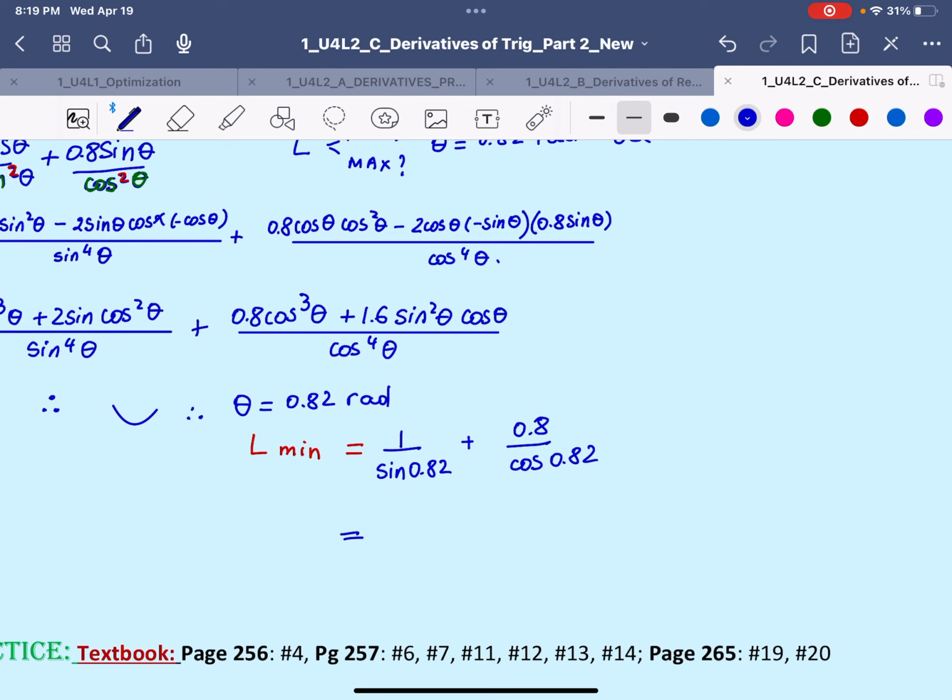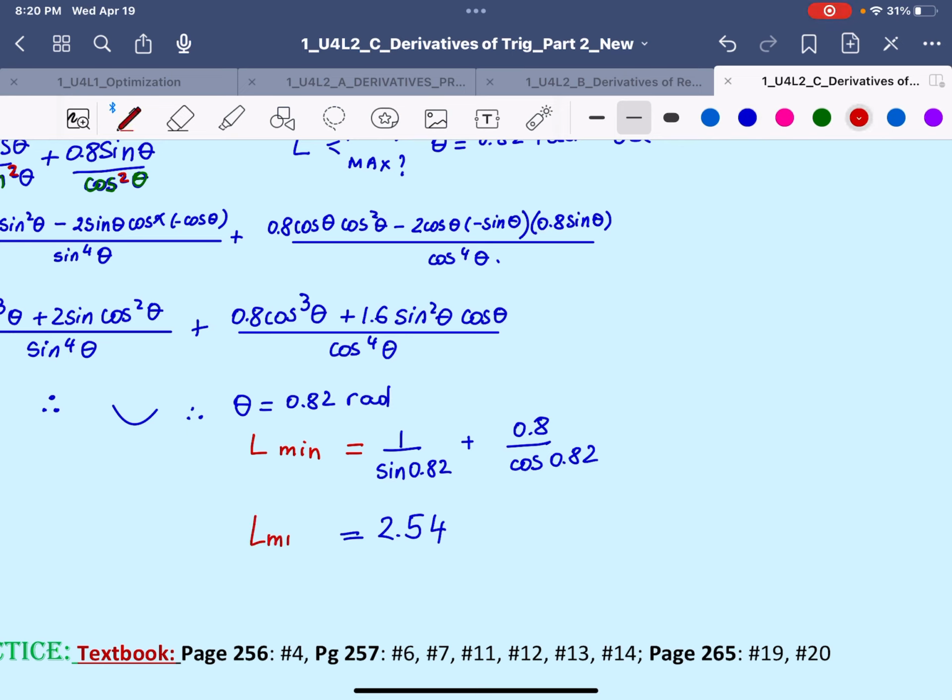Make sure your calculator is set to radian mode if you're using radians, or degree mode if you're using degrees. So 1 divided by sine of 0.82, add 0.8 divided by the cosine of 0.82. Let's see what we get. 2.54.